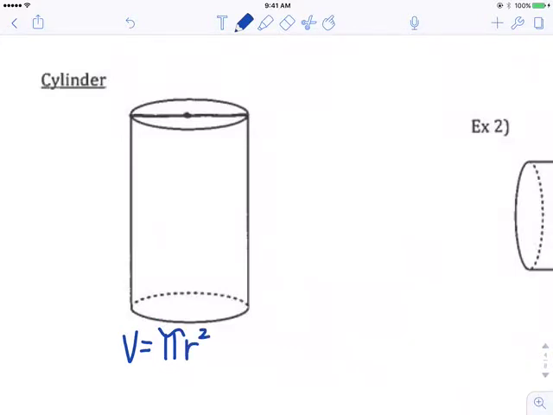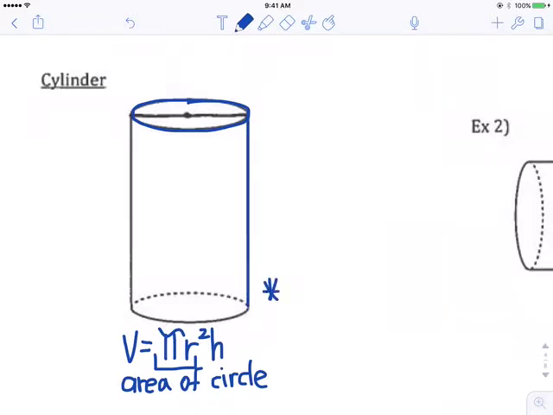That should look a lot like the area of a circle, but we're going to multiply it by its height. So again, this piece right here represents the area of the circle. And again, we have a circular base. And then we're multiplying that by the height going downward.